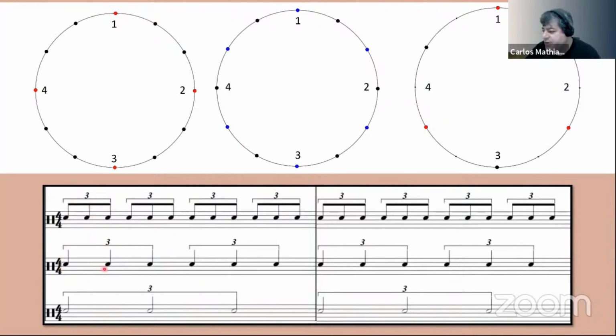I play the third, don't play the fourth. I play the fifth, and so on. So here, in this circle, on the center, on the blue dots, I have the notes that are played within the triplets, the half note triplets on blue. Tung, tung, tung, tung, tung, tung, okay?